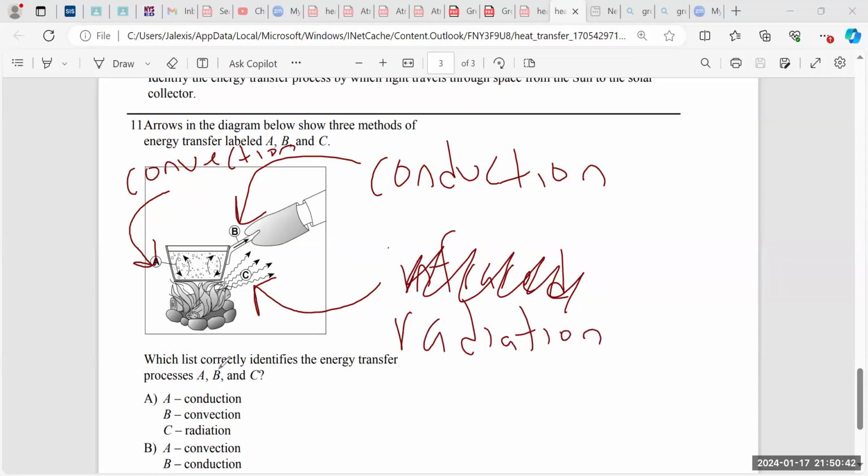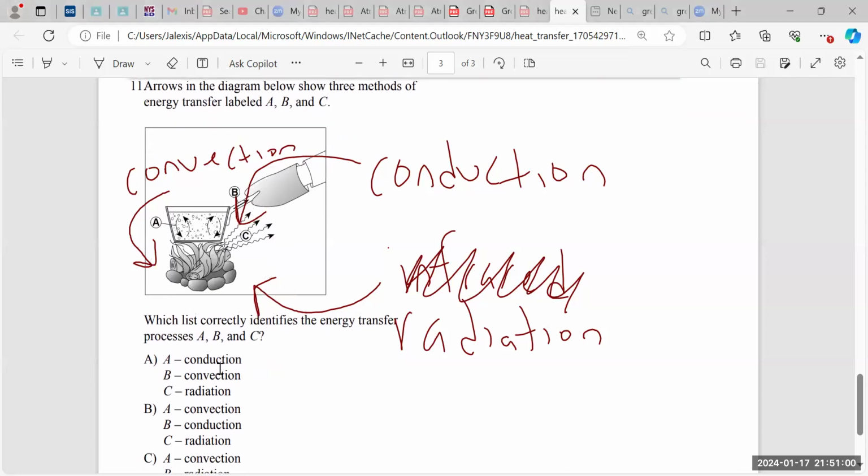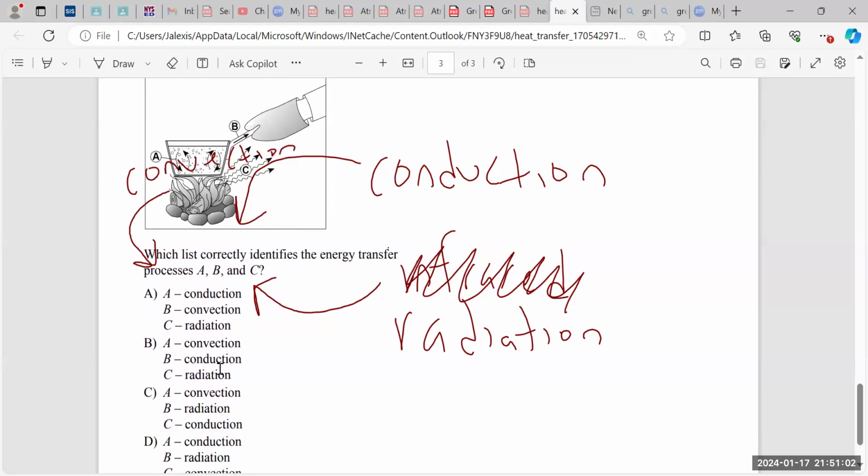Even though we know it is infrared radiation, they just want the energy transfer process. So we know A is convection, B is conduction, C is radiation. The choice that has convection, conduction, radiation is choice B.